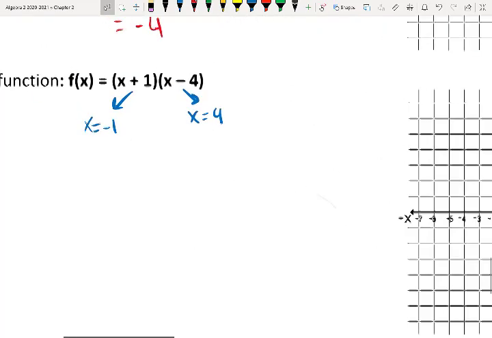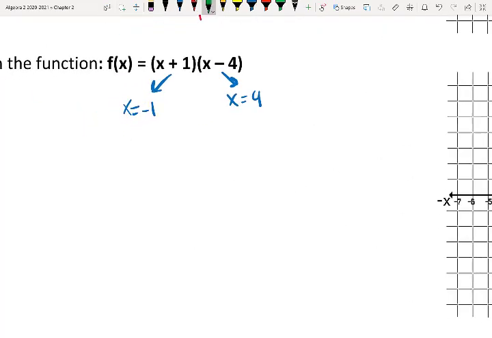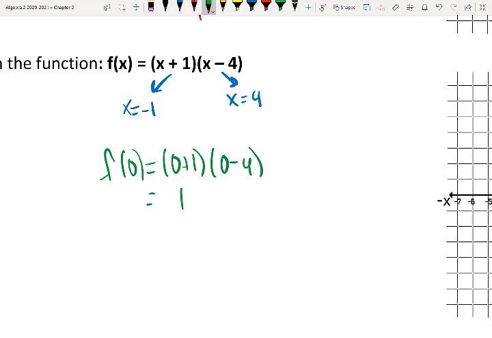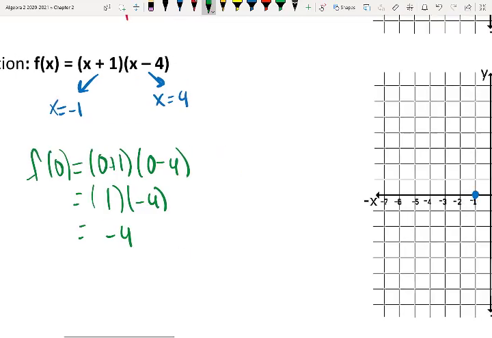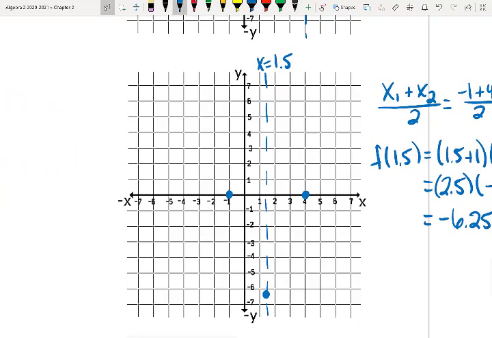So I'm going to go ahead and do that in green here. If I find f of 0, 0 plus 1 times 0 minus 4 means 1 times -4 gives me -4. Pretty darn easy. So I know when my x value is 0, my y value is -4.